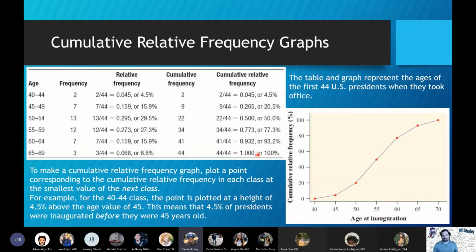If it's 100.1 or 99.9, probably just a rounding error, not a big issue. Okay? So that's how we get this table built up, and we can find all these values. Any questions on how the cumulative frequency and cumulative relative frequency are found?